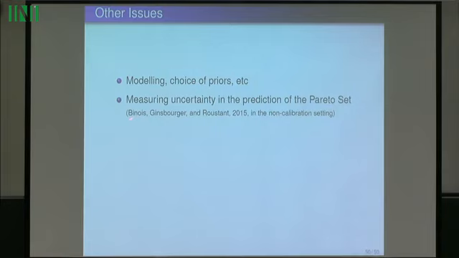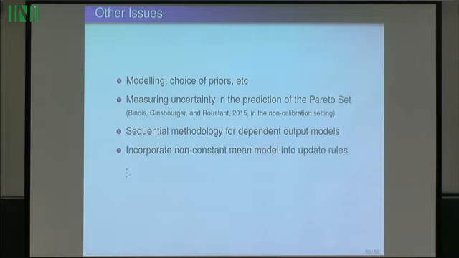There's a nice paper by Benoit Gainsbourg and Roustant in the non-calibration setting. All the models we've fitted have been independent for the different outputs. Can you get a way to build in the dependency to make the procedure work better? We couldn't, but maybe there is a way to do it.